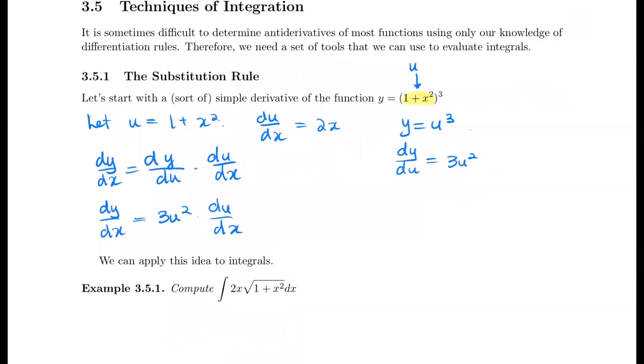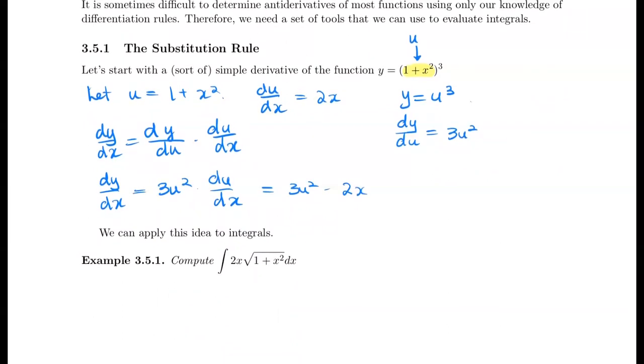So that means if we substitute it back into the original function, we also know what du over dx is, which is 2x. So 3u squared multiplied by 2x. But we also know that u is going to be 1 plus x squared. So we could put that back in. So we have 1 plus x squared, minus 2 of x.